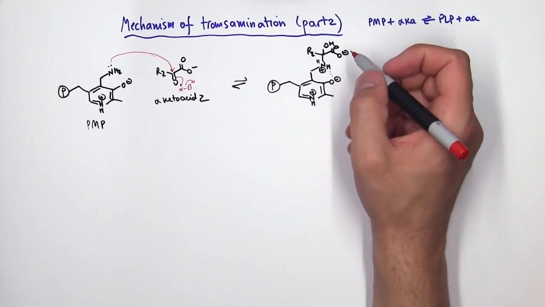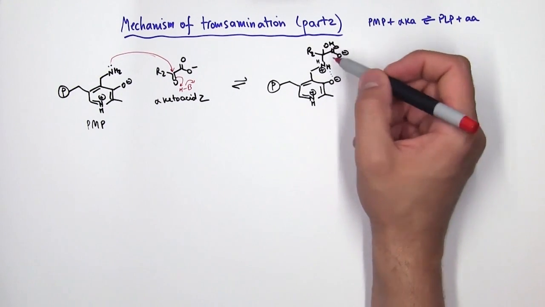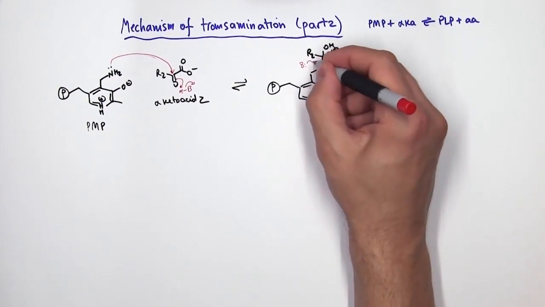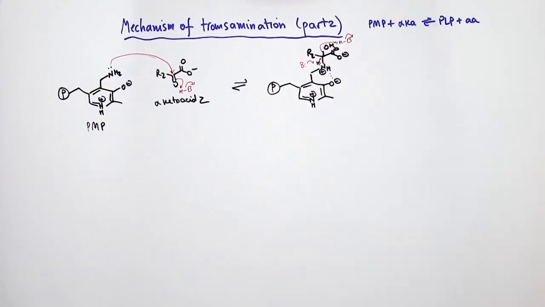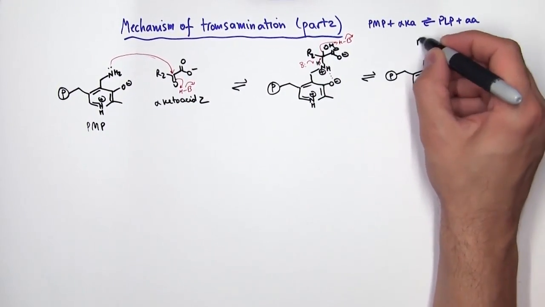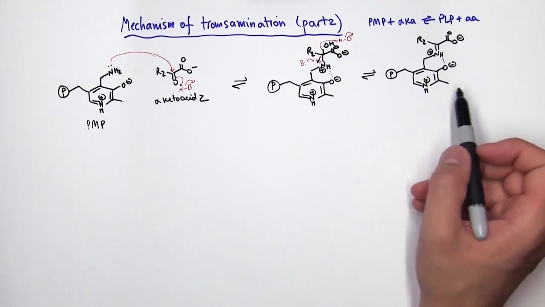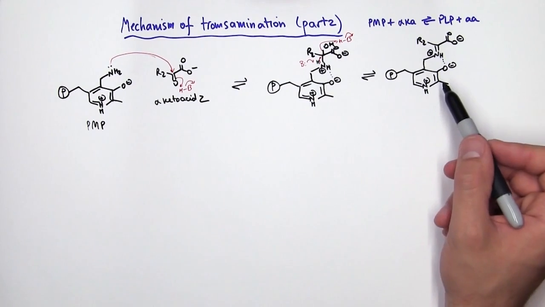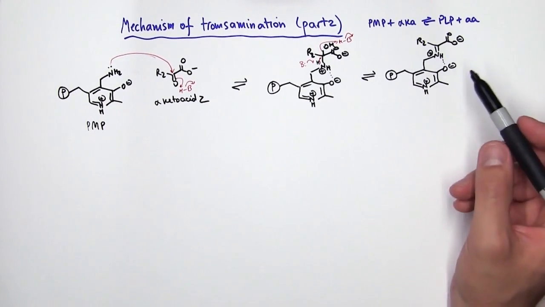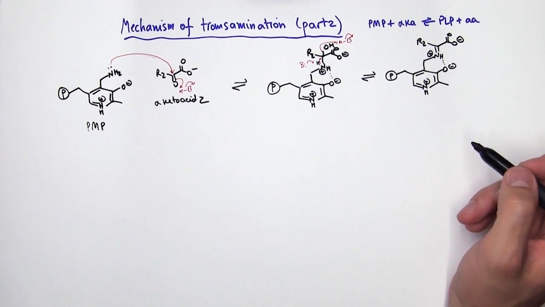And one more proton transfer, and we can kick off the OH group to form the imine. Now, this portion of the reaction is, in fact, imine formation, which is the reverse of the hydrolysis step that we saw in part 1.